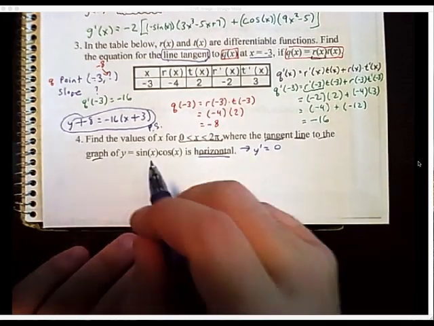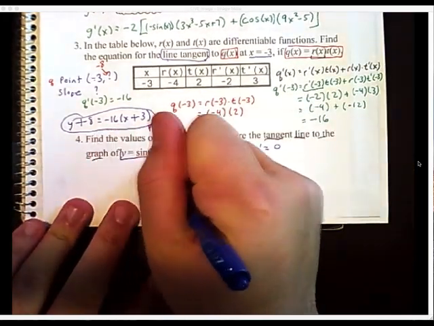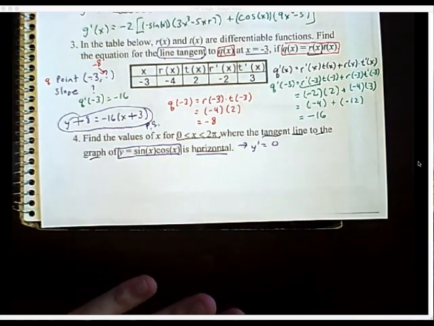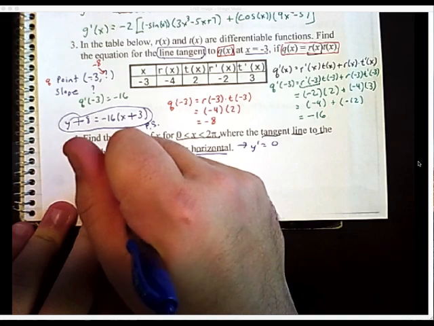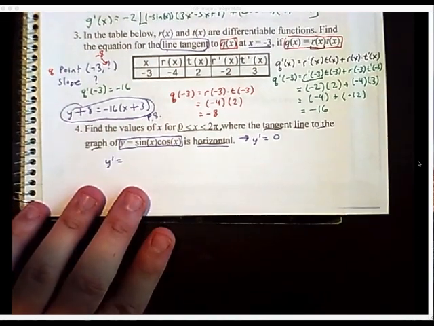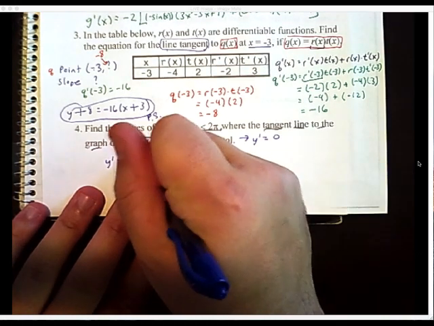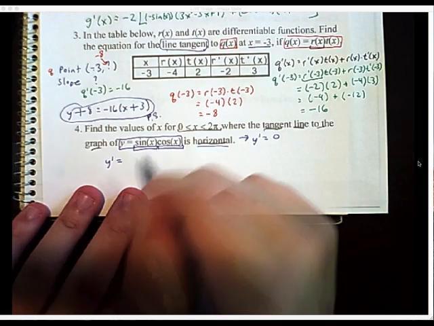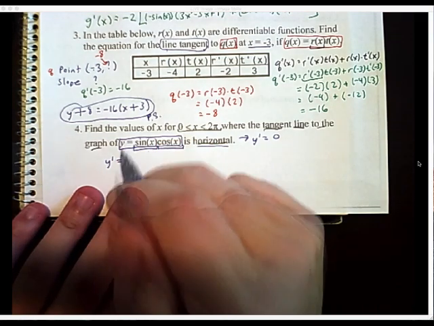All right, so what's y? Here's what y is. Notice it's a product, so we have to use the product rule to find the derivative. Here's the first term, sine of x is the first term, cosine of x is the second term. So we do the derivative of the first, so what's the derivative of sine?